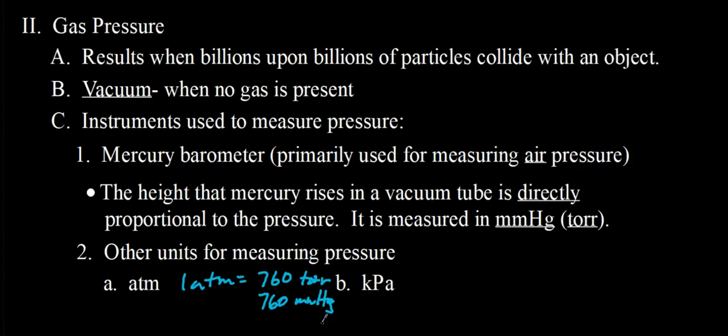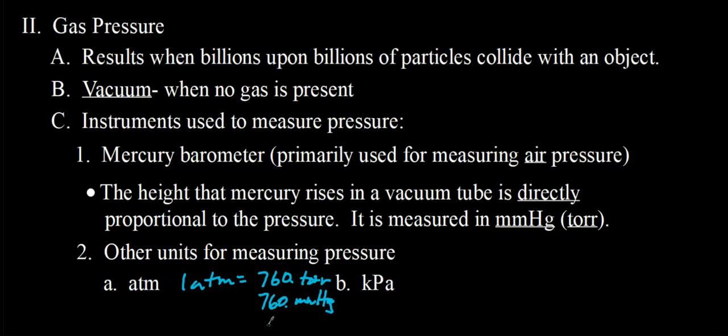In fact, the unit atmosphere came from the average air pressure at sea level, which happens to be about 760 millimeters of mercury. So they assigned that a value of 1 atmosphere. If you want to go 3 sig figs, 1.00 atmospheres, put a decimal there, the end of the 0 for torr and millimeters of mercury.